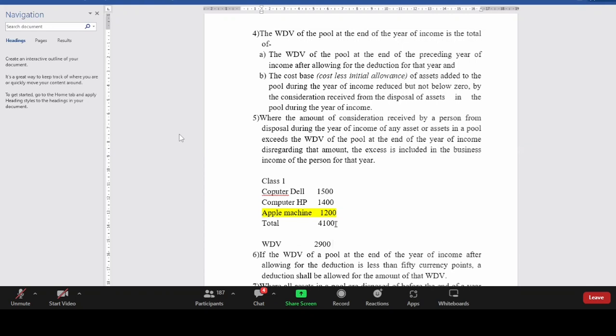Then this should be versus the sale proceeds, which we call consideration, received by a person during the year of income for the asset in a pool exceeding the written down value of the pool at the end of the year of income. Disregarding.